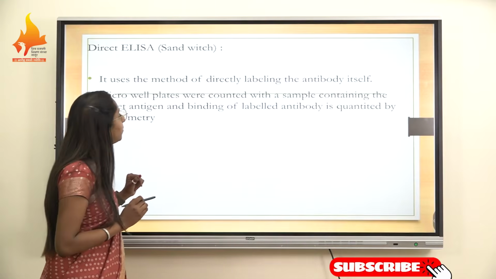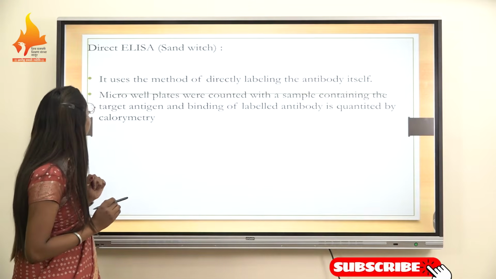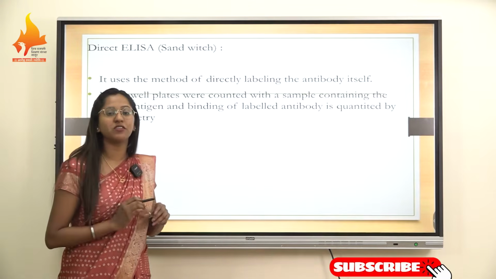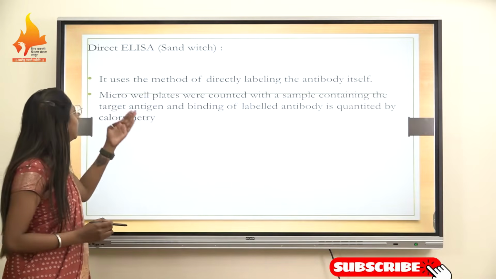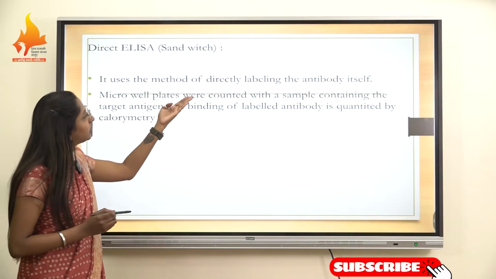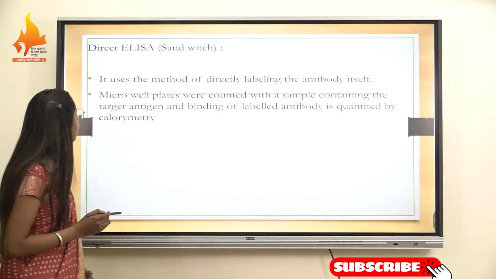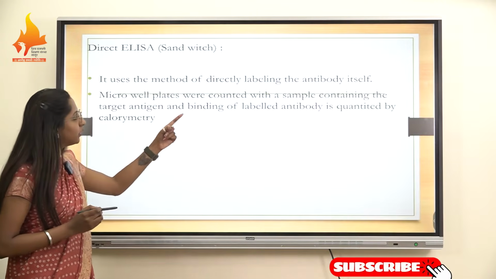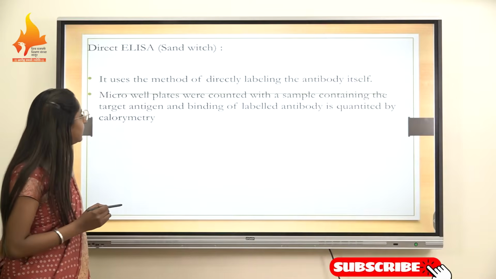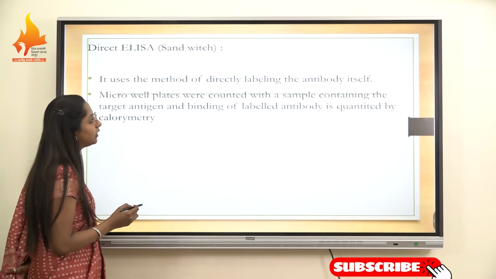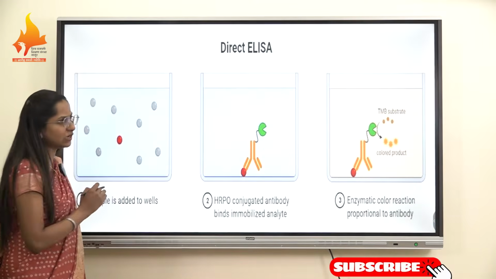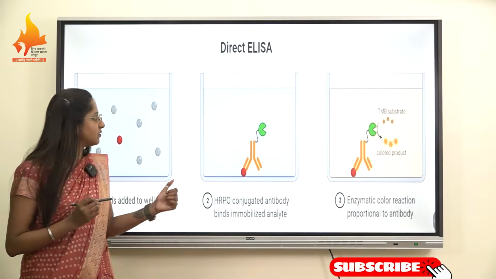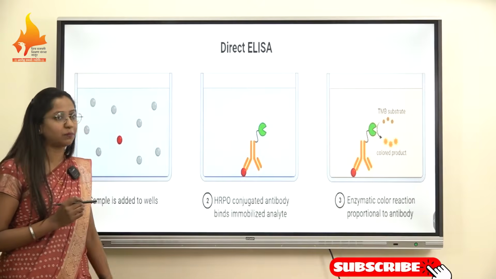It uses the method of directly labeling an antibody itself. Microwell plates are coated with a sample containing the target antigen, and binding of a labeled antibody is quantified by colorimetry. We'll try to understand this type of ELISA with the help of this diagrammatic representation.